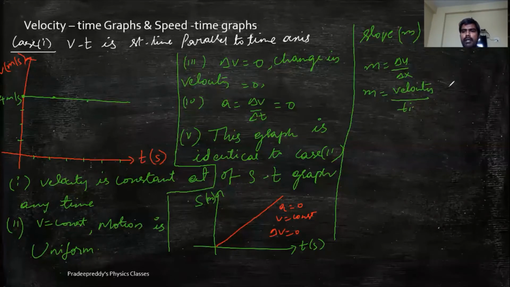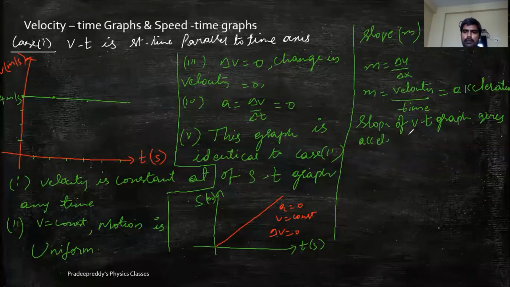What is velocity by time? It is nothing but acceleration. Therefore, the slope of the VT graph gives acceleration. Remember this point: the slope of the VT graph gives you acceleration. That is the sixth point.